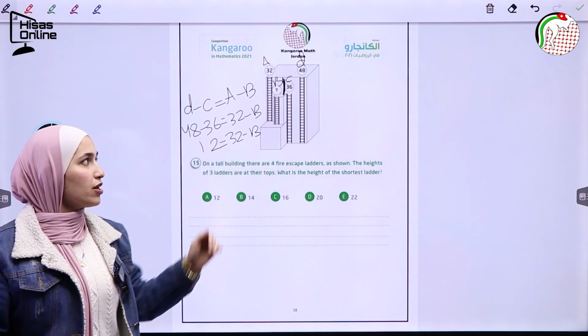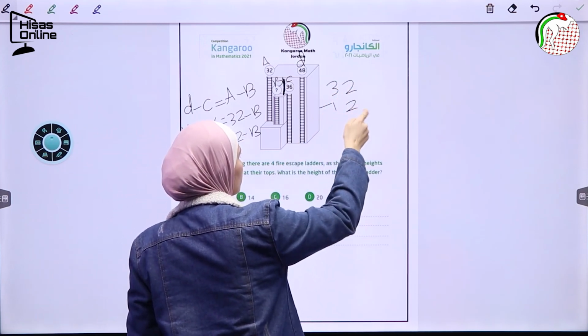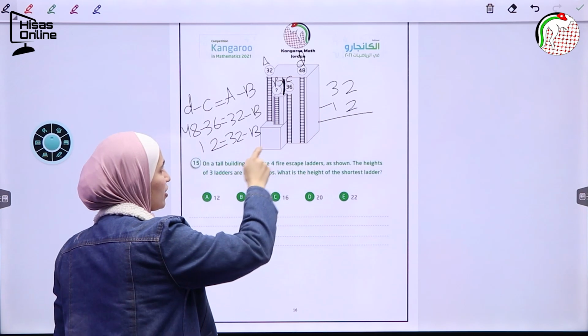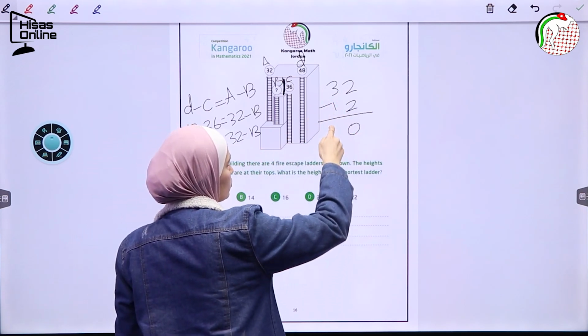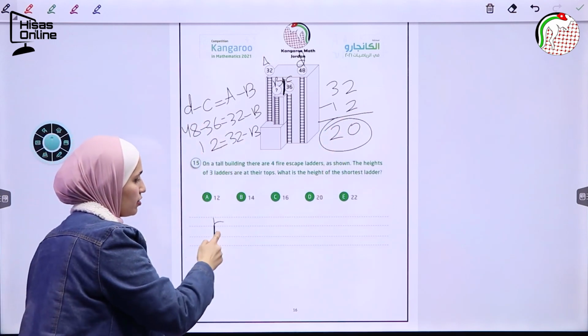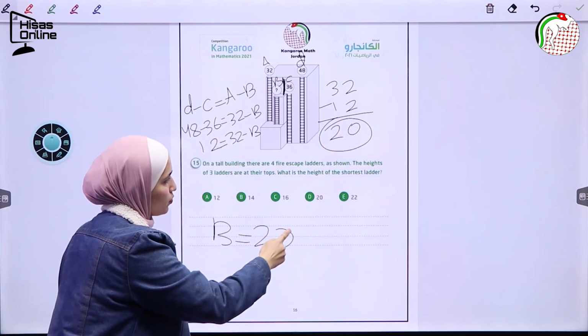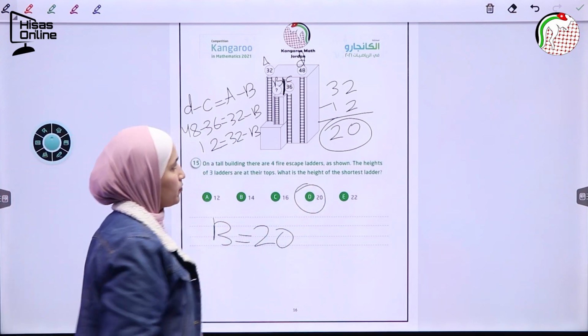That means B. So 32 minus 12 equals B. So 2 minus 2, 0. 3 minus 1, 2. So 20. So B height equals 20. So the answer is D.